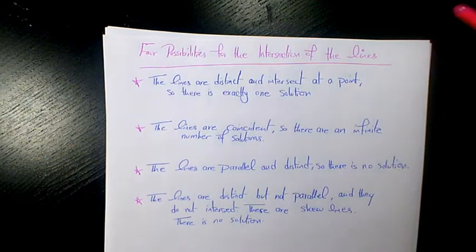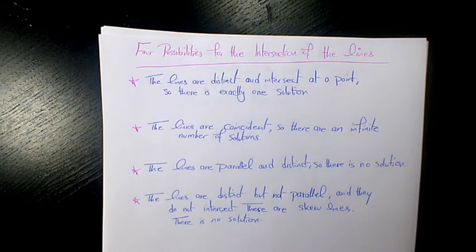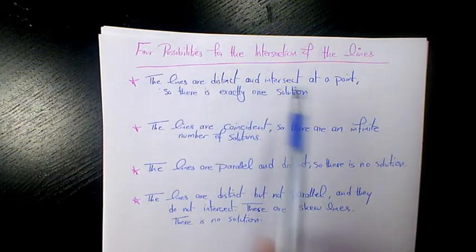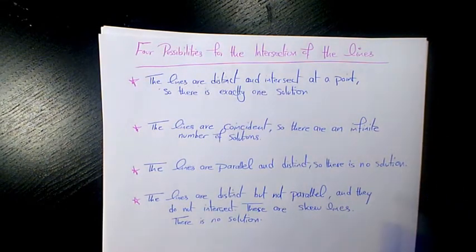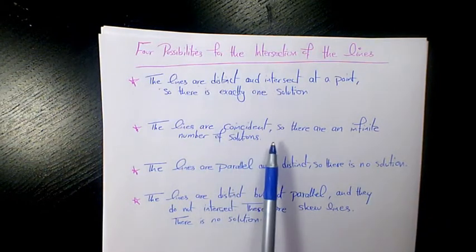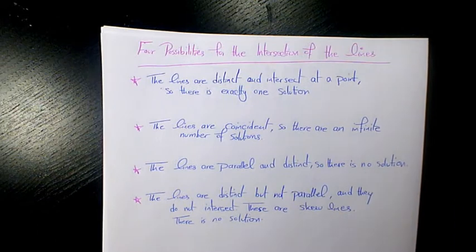Let's see in general what the possibilities are. We have 4 different possibilities for intersection of lines. One: the lines are distinct and intersect at only one point, so there is exactly one solution. Second, the lines are coincident and have an infinite number of solutions, meaning two identical lines.